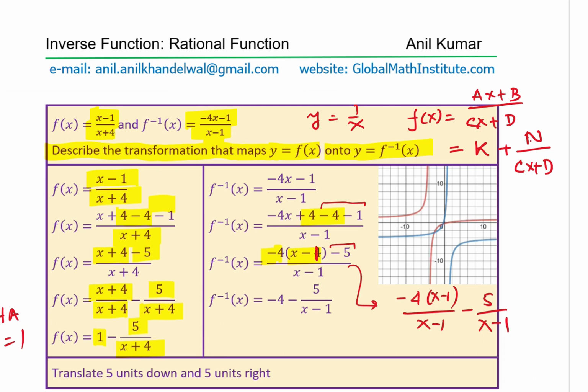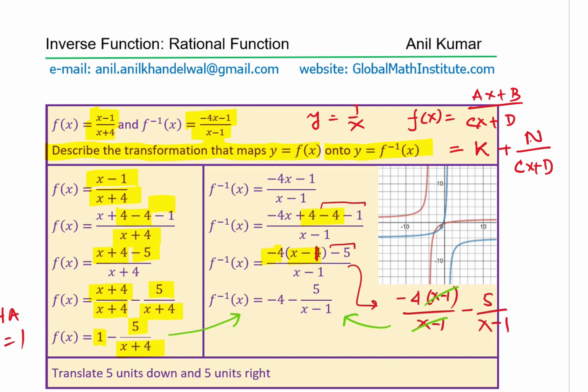And clearly, x minus 1 cancels, giving us the result 4 minus 5 over x minus 1. Correct? Now look here. It is much, much easier to look into the transformation from f(x) to f inverse x in this particular form. Correct?